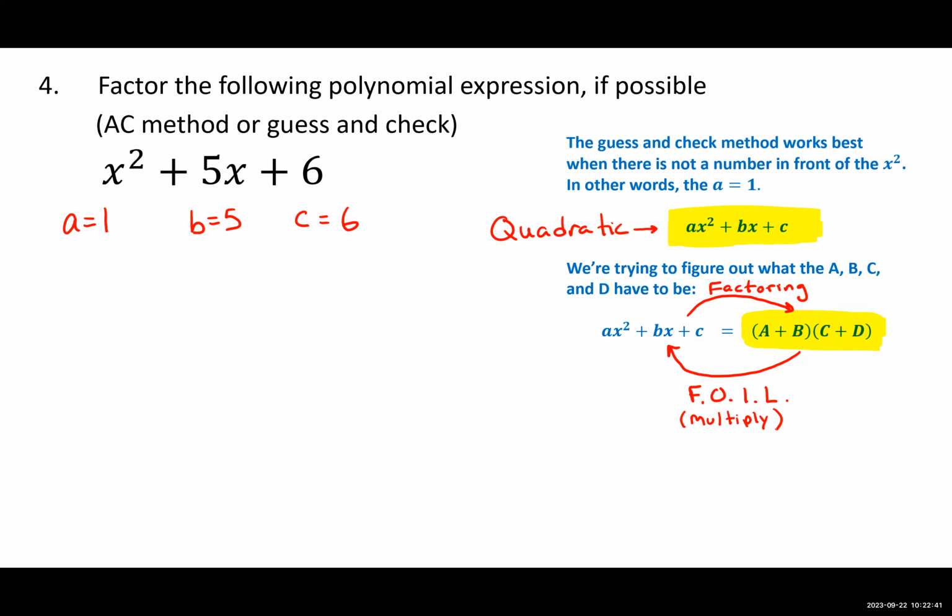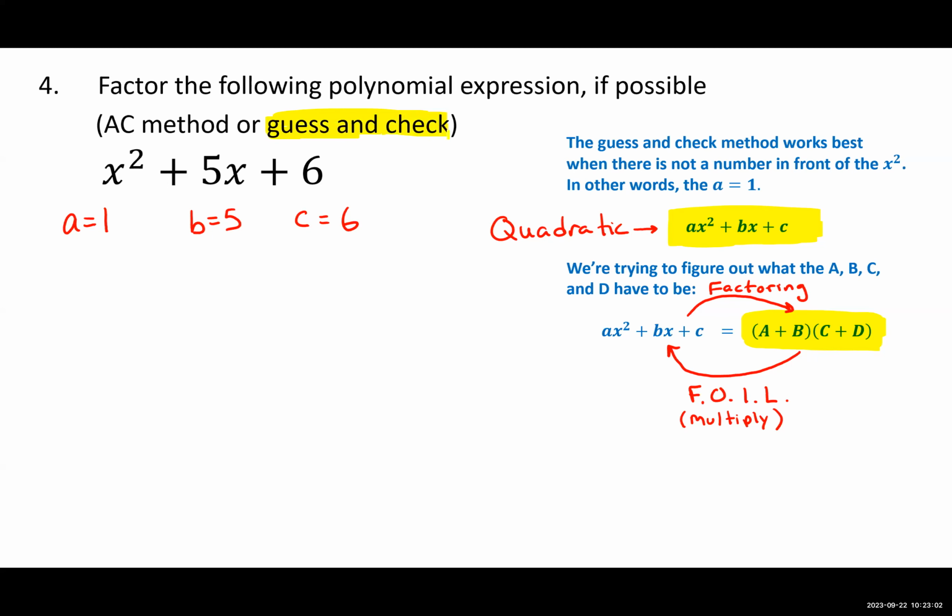The first one is just guessing. Guess and check, or we could say trial and error. It's a perfectly legitimate mathematical approach to solving problems. So in this first problem, I'm going to be using guess and check.